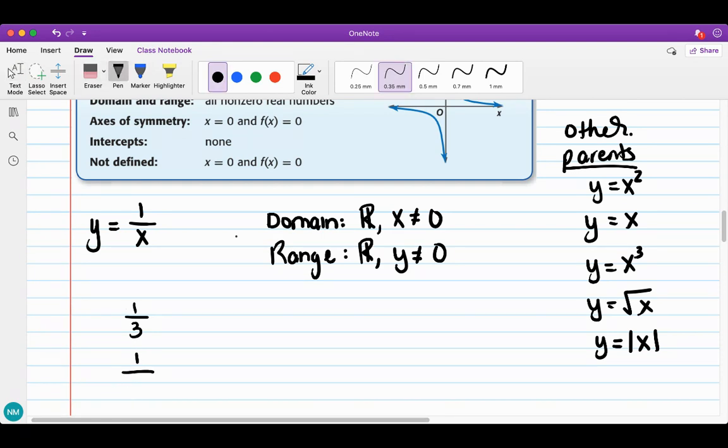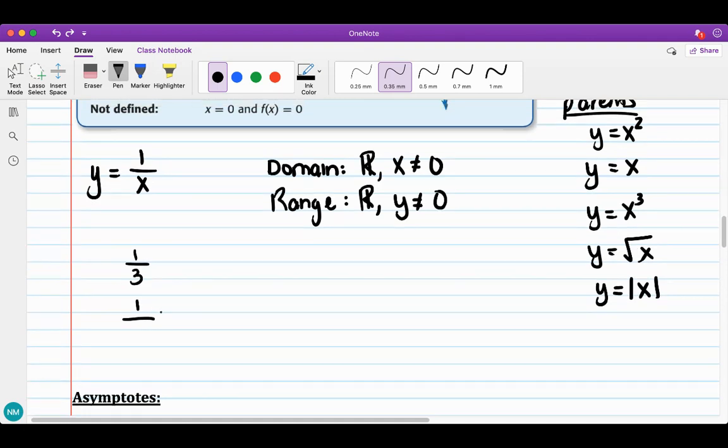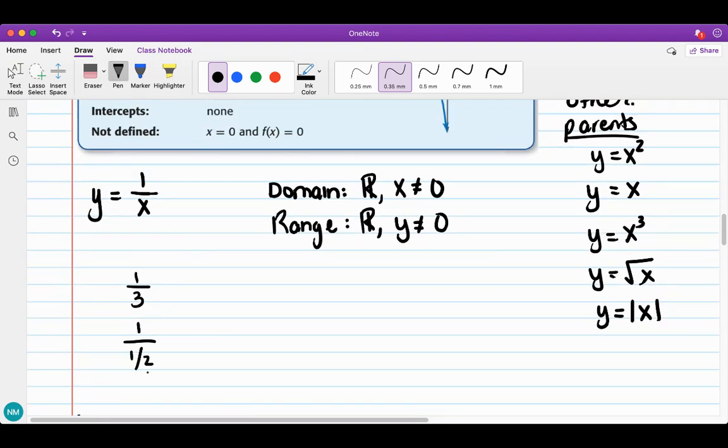If I plug in 1, I get 1 over 1, which is 1. If I plug in, let's say, a fraction, 1/2, 1 over 1/2 is 1 times 2 over 1, which is 2. So is there a value that when I plug it into the denominator, I will get 1 over x equals 0? The answer is no.